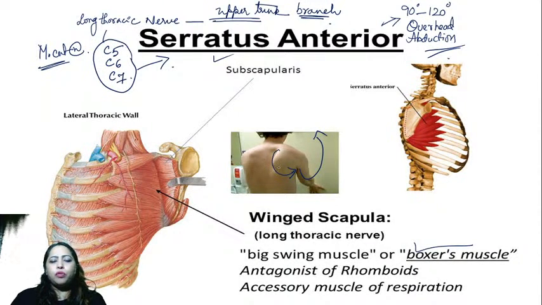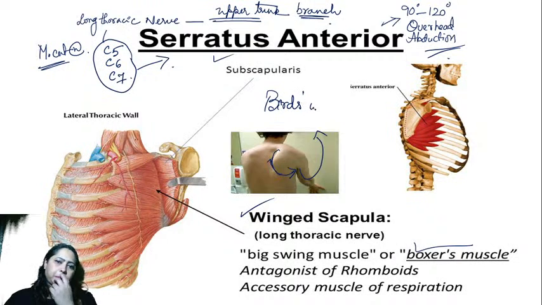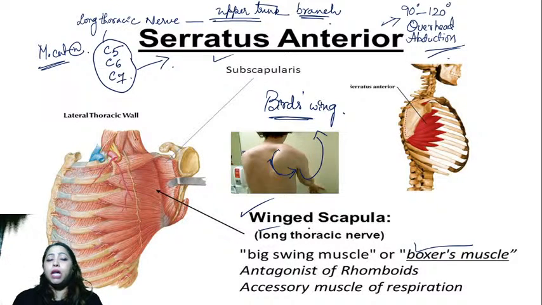But what happens when, instead of rotating, it is winged out. It is not held towards the thoracic cage. It should stay pressed towards the thoracic cage. Instead of that, it is standing out like a bird's wing. And that is known as winging of scapula. And how can you test the patient?